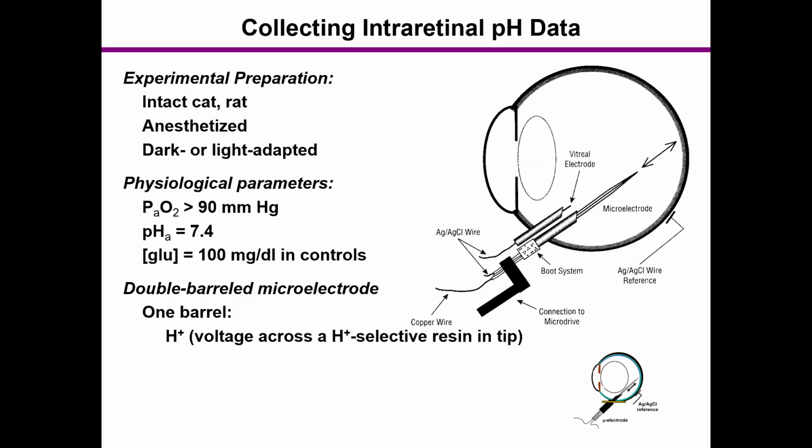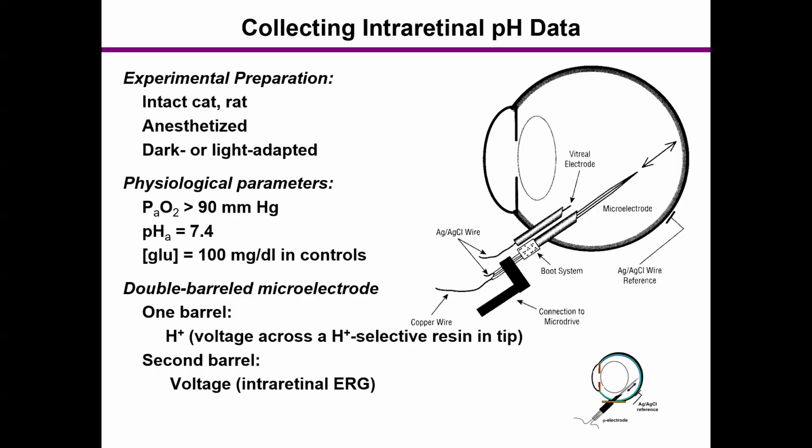But it also records voltages, just regular old voltages. And so you have to subtract out the voltage signal to get the pH signal. So the second barrel of the electrode is essential for subtracting out the voltage signal, but it's also really essential in our experiments for being able to record the intraretinal ERG so that we know where we are in the retina.